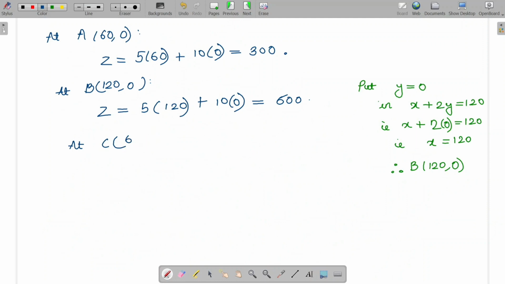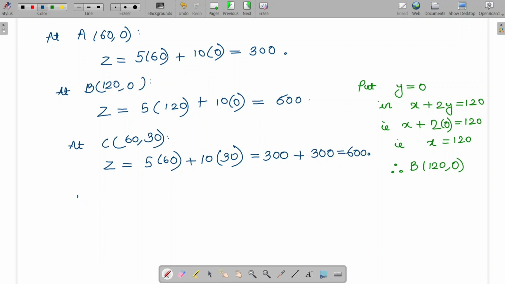So at 60, 30, Z is equal to 5 times 60 plus 10 times 30, so which is 300 plus 300, it is 600.